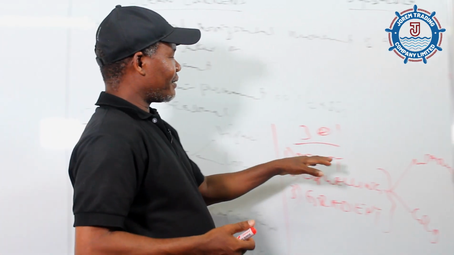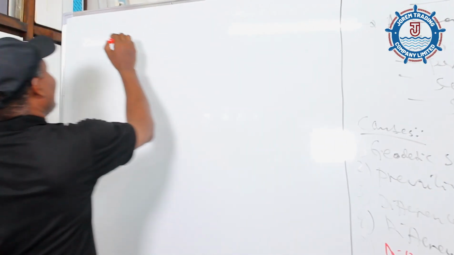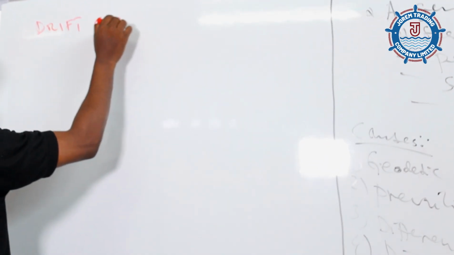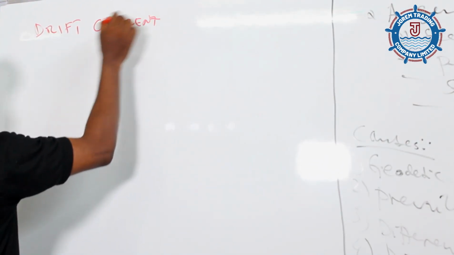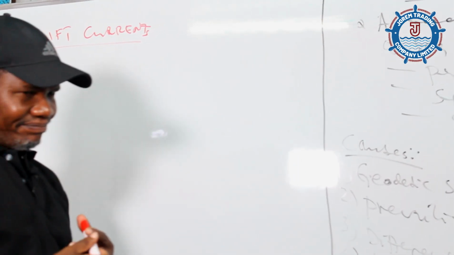So when you're talking about drift currents, these ones of course are caused by wind.